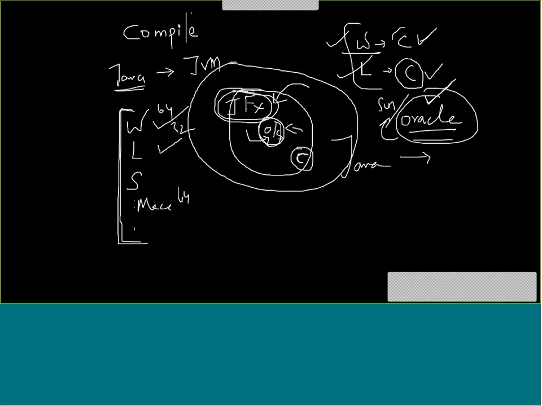Which means you can see that the Oracle vendor is taking care of providing support for the Java framework across all platforms, which means anyone who is developing any Java program doesn't have to worry much about the platform. Why? Because the framework is so strong that it can run on any other platform.